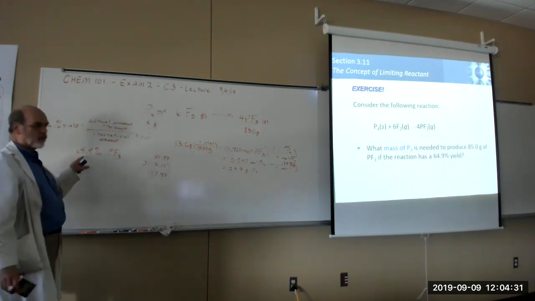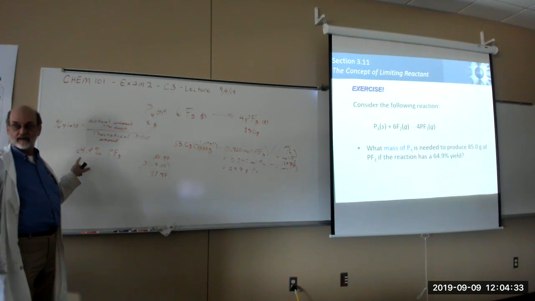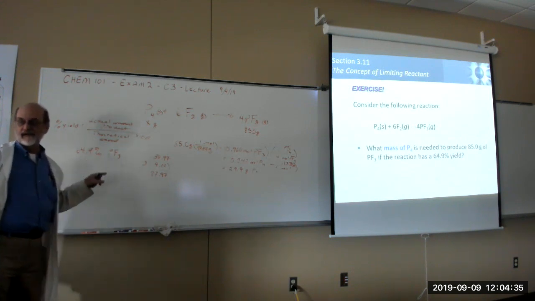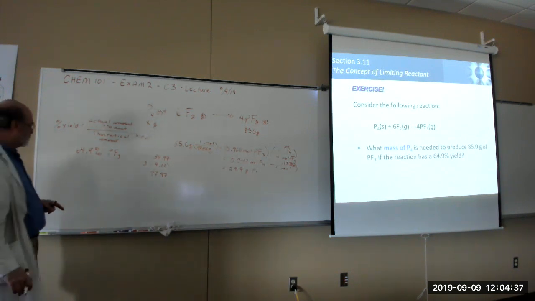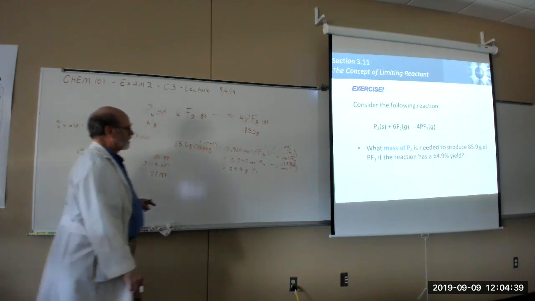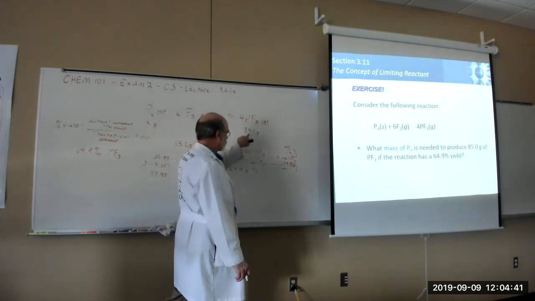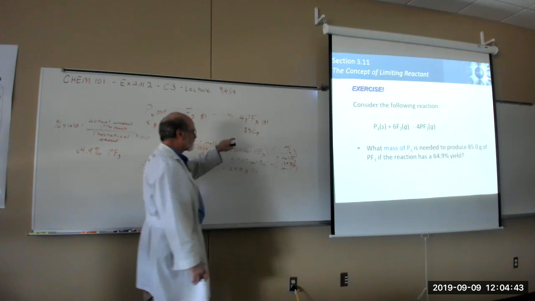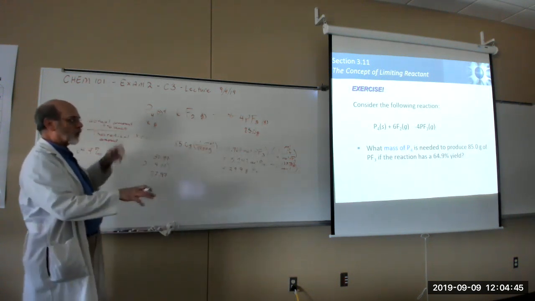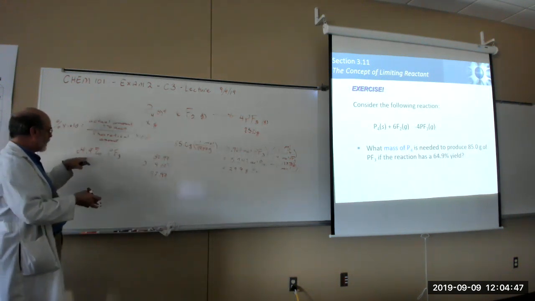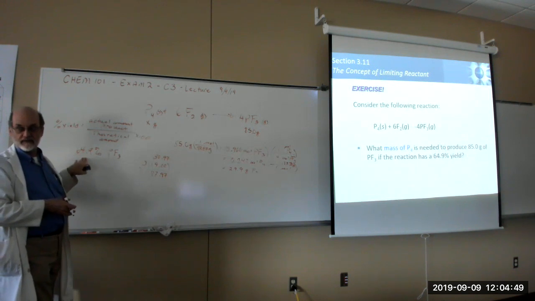But we only have 64.9% efficiency. So what we're saying is, in order to get this much, we actually have to do the stoichiometry for enough to give us that percent yield.